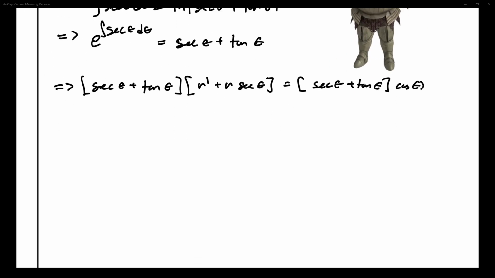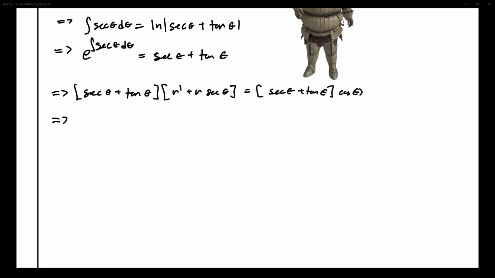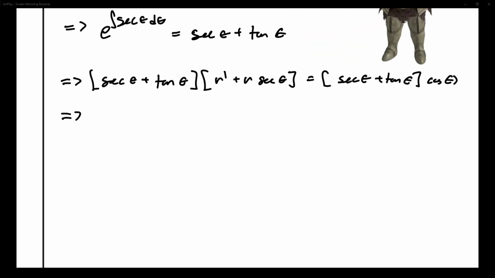You don't have to multiply the whole thing out, but I'm going to do it to show you why the next step makes sense. So I'm going to distribute this. I'm just distributing, it's nothing crazy.